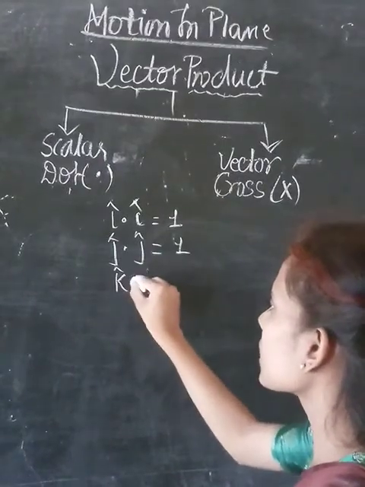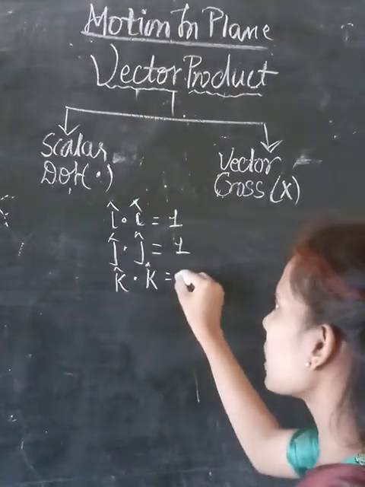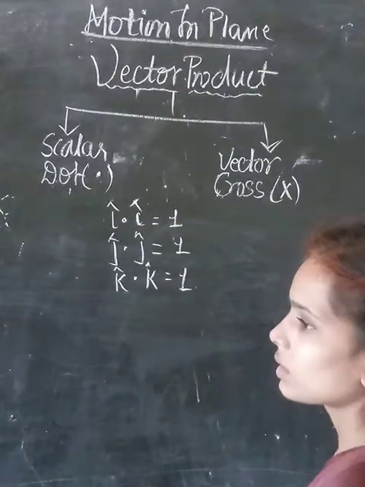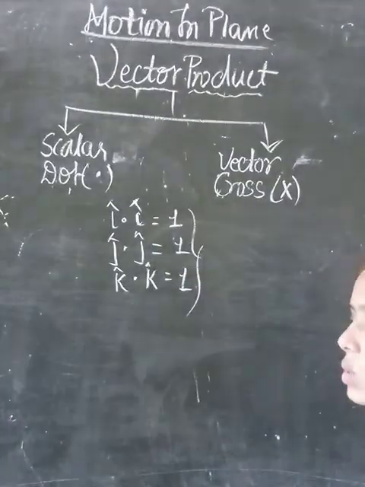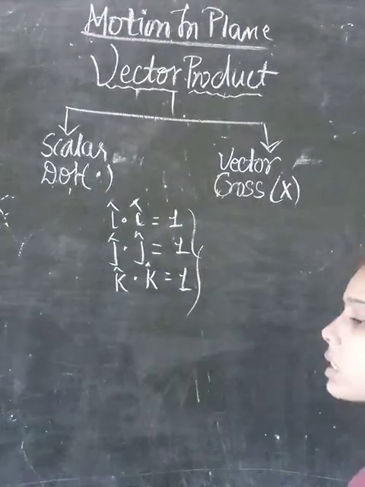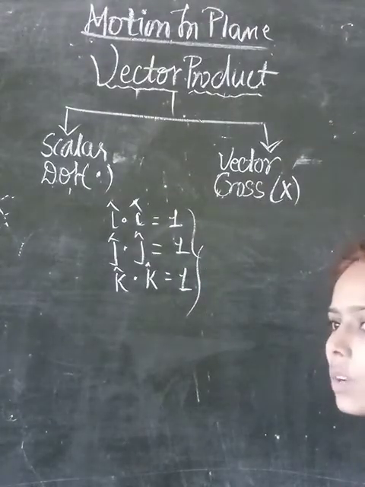Then k along the z axis, the product is also 1. So the dot products of the same unit vectors are 1.